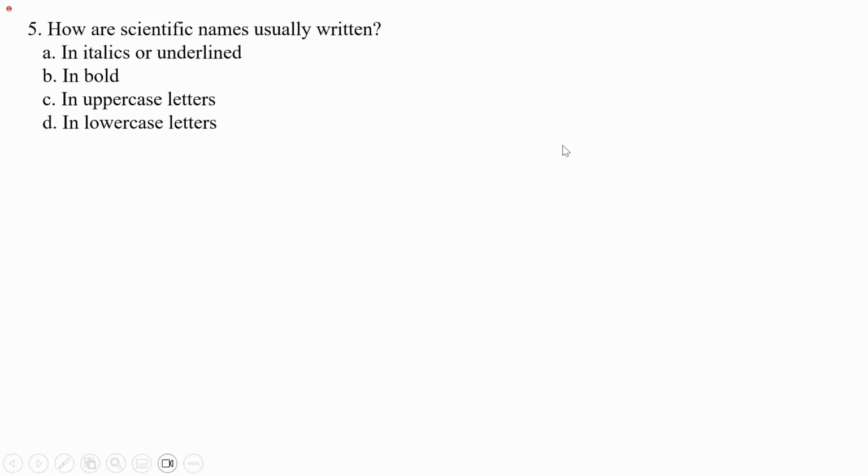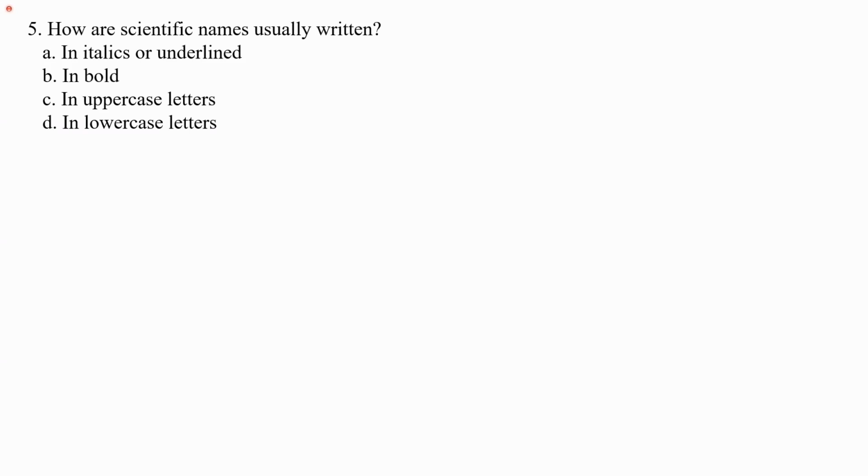How are scientific names usually written? If we see the rules of binomial nomenclature, we understand how scientific names are written. The options are: italicized or underlined, bold, all uppercase letters, or lowercase letters.